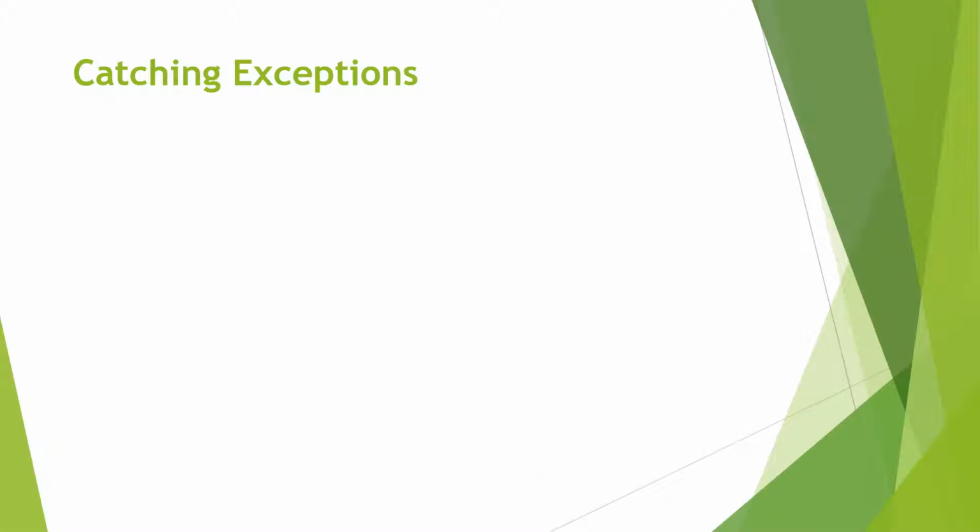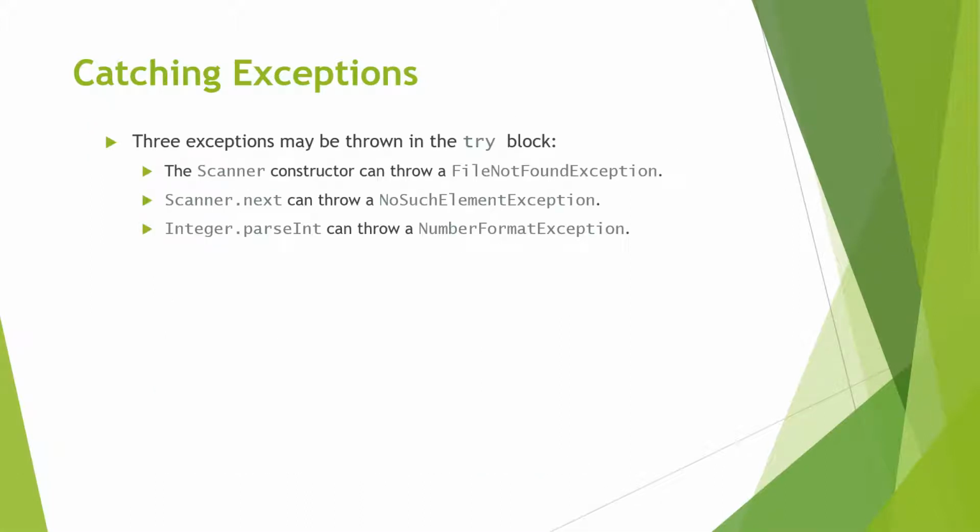So as I said in the previous slide, there are a number of exceptions that may be thrown in the try block. One of them was when the scanner constructor throws a file not found exception because the file name doesn't represent an existing file on the disk. Another one is, for example, when scanner.next throws a no such element exception, maybe because we have reached the end of the file.